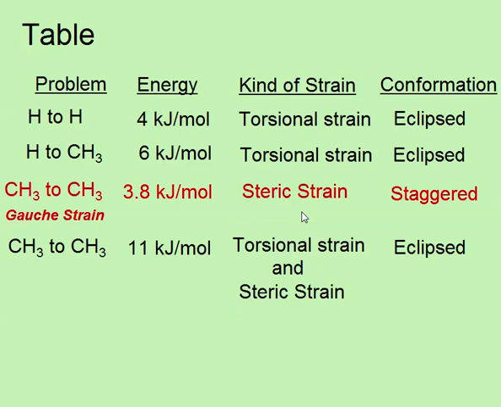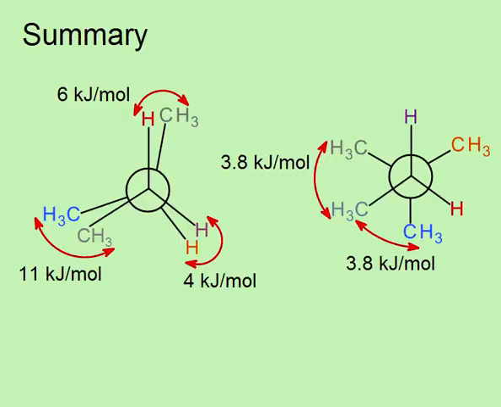So most of our strain energy comes from the eclipsed, which is mostly about torsional, with bonding electrons repelling bonding electrons. And our last extra strain is this one with the staggered conformation, which we call a gauche strain. And it's methyl groups too close to other methyl groups, separated by that 60 degrees.